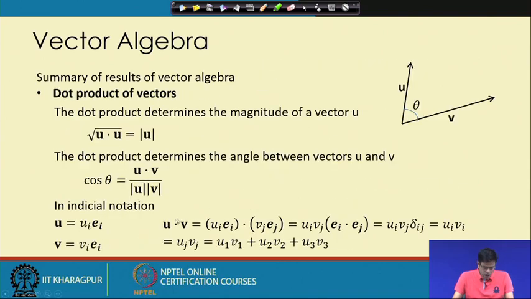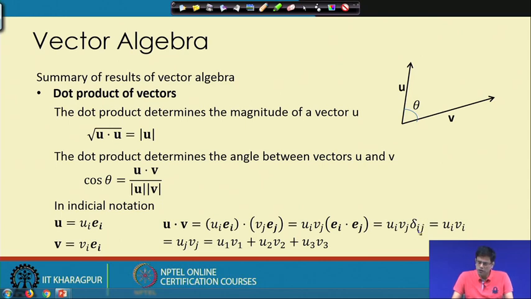Here, to do the dot product, we need to take the dot product between two basis vectors ei and ej, which we have seen is delta ij, because ei dot ej will be 1 only when i equals j. Otherwise it is 0.